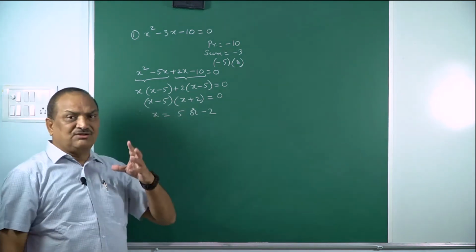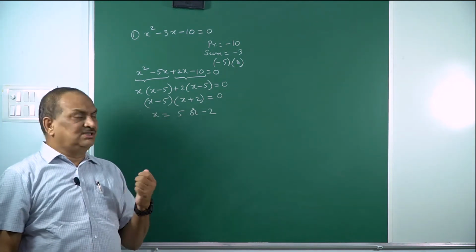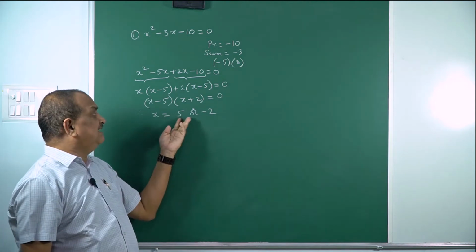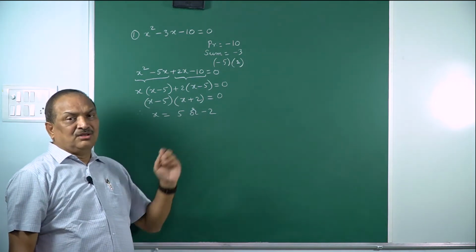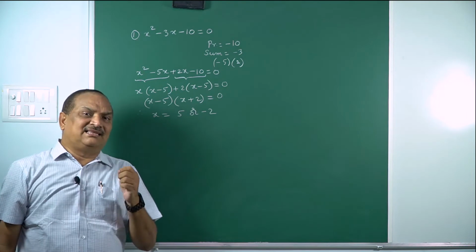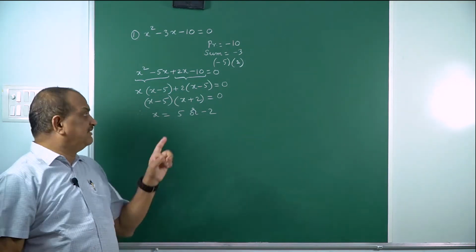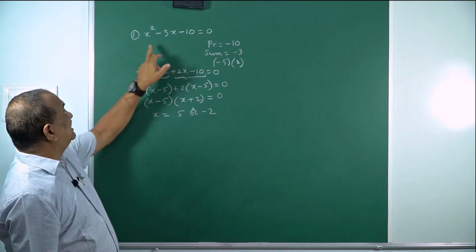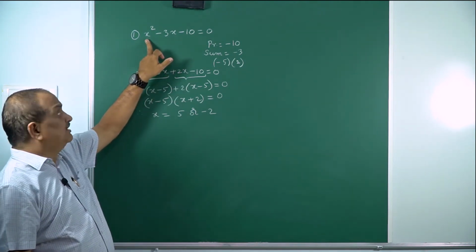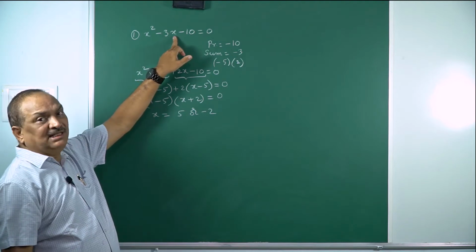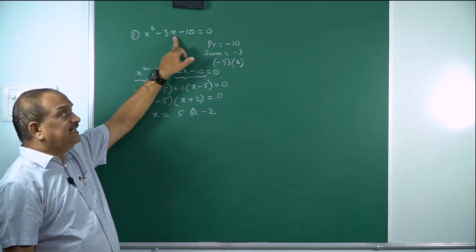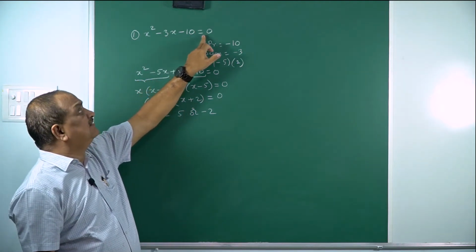These values of x, we call them roots. Therefore there are two roots, one is 5 and one is minus 2. To ascertain that these are the roots, in place of x you can put 5. Check here: 5 square is 25, minus 3 times 5 is minus 15, 25 minus 15 is 10, 10 minus 10 equals 0.